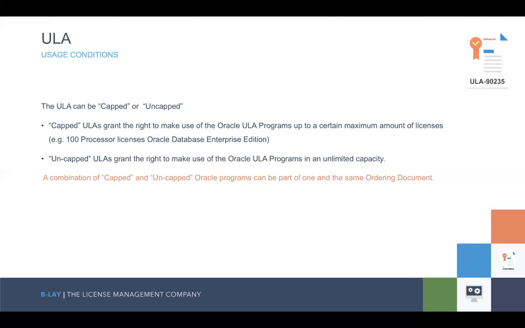But be aware that a combination of such a cap and an uncapped number of licenses for different Oracle programs can be part of one and the same ordering document. So a clear study of your unlimited license agreement to understand what you are and are not allowed to do is really important.